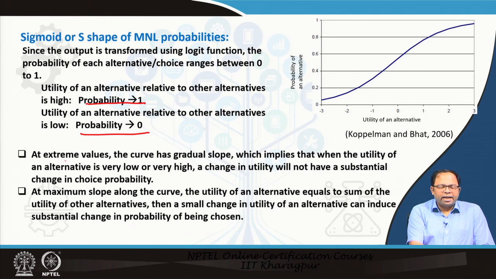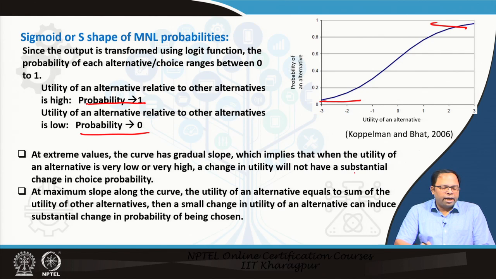And we see that at extreme values, over here and over here, the curve has a gradual slope, which implies that when the utility of an alternative is very low or very high, a change in utility will not have a substantial change in the choice probability. That means even though utility changes by quite a lot, there would not be much change in the probability.